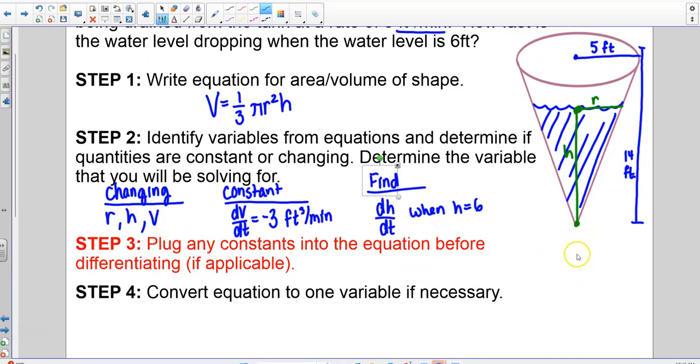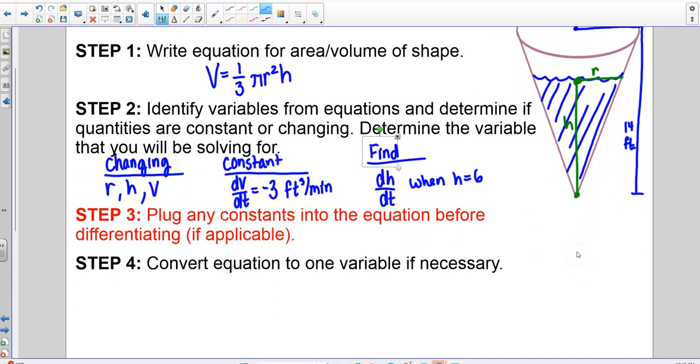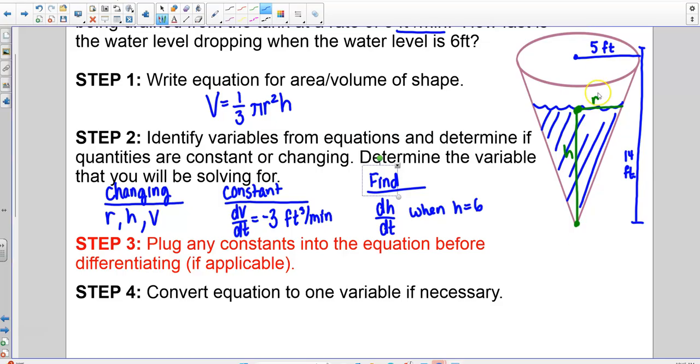So for this, a property that we need to understand is that as the water leaks out of this tank, we can think of the cone that is formed by the water being our little cone, and then the tank is the larger cone. Because what we're seeing is we're just shrinking this down, those two cones are going to be similar to each other.